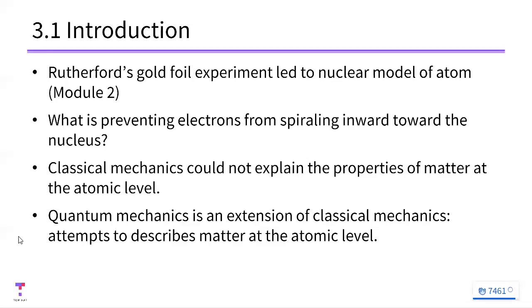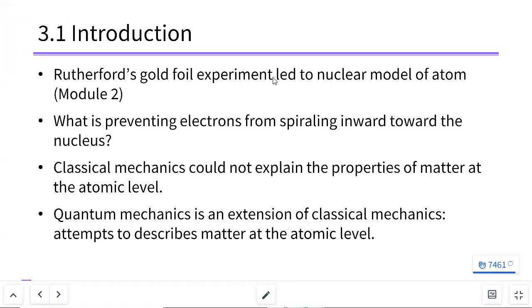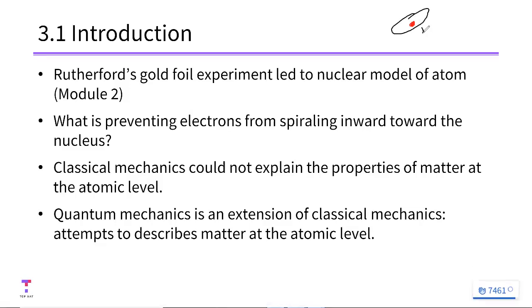Later experiments proved that the nucleus had positive particles and neutral particles, the protons and the neutrons. Now, the Rutherford model ended at the idea that the electrons were just circling around that nucleus. If you remember the picture of that model, it looked something like this, where I've got my nucleus in the middle and these orbiting electrons going all around it.